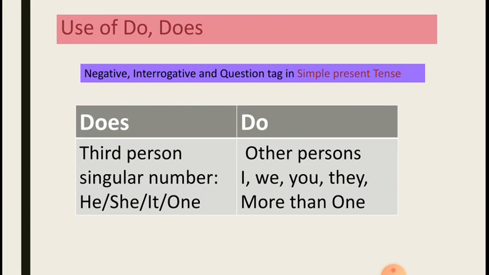And in all other persons and plural numbers, we will be using do. Other persons are I, we, you, they, more than one. So with these we will be using do.